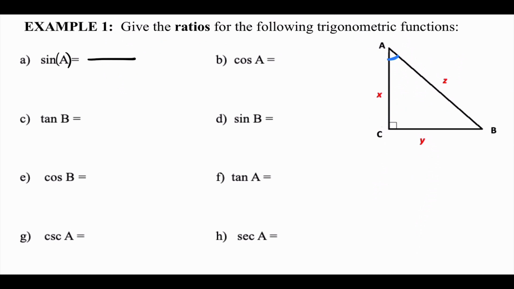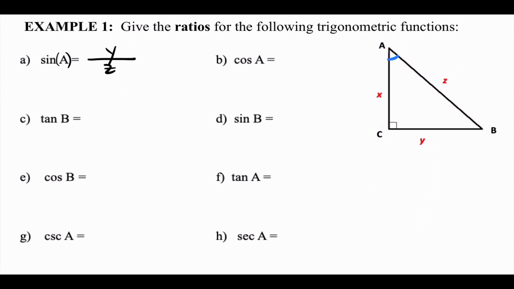If I'm at this angle, Y is facing right straight across. So we're going to put Y on top. And then the hypotenuse is Z. These are the two legs; the other one's the hypotenuse, Z.